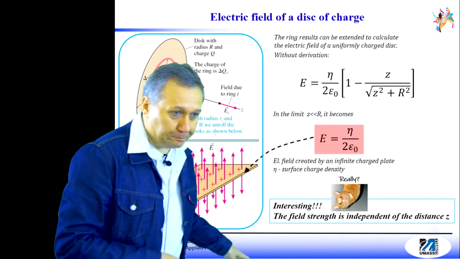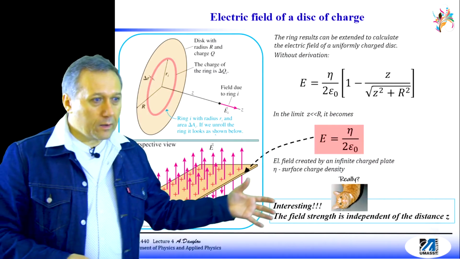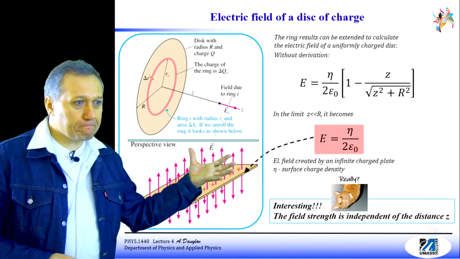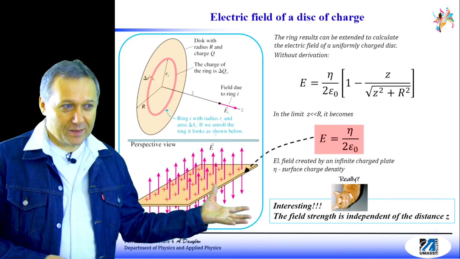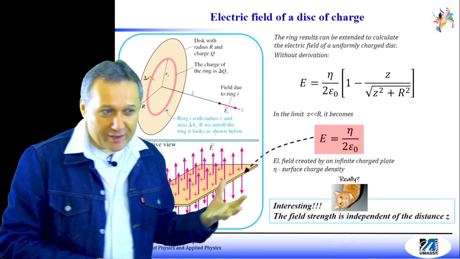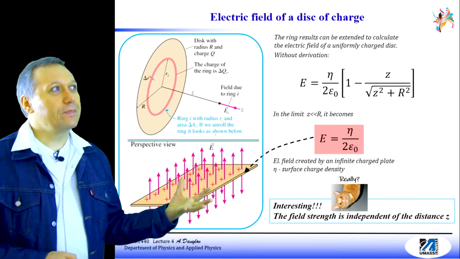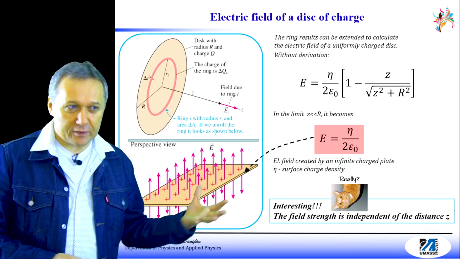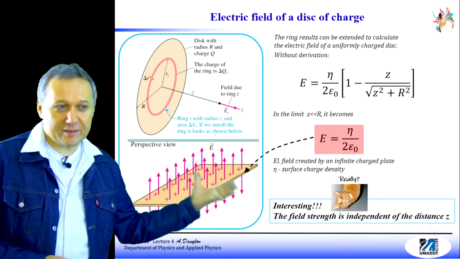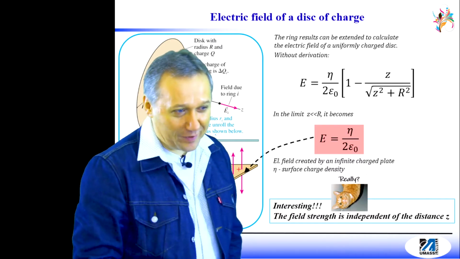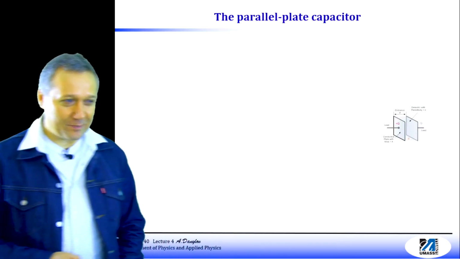Okay, so, next step. Let's introduce another device or electrical system which allows us to get a uniform electric field. The first electrical system is this surface, and now let's make a slightly more complicated electrical system.